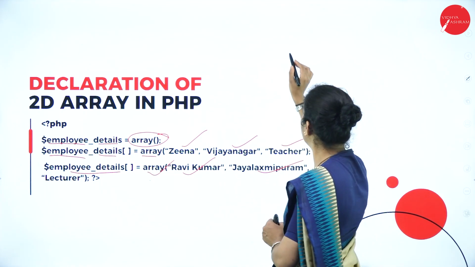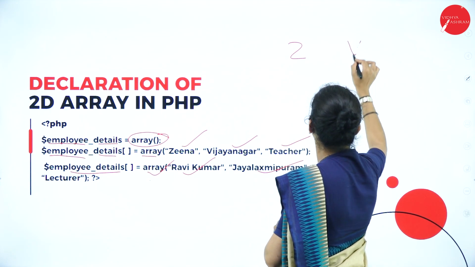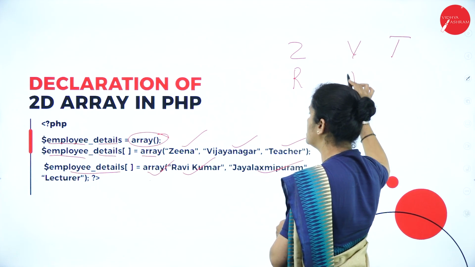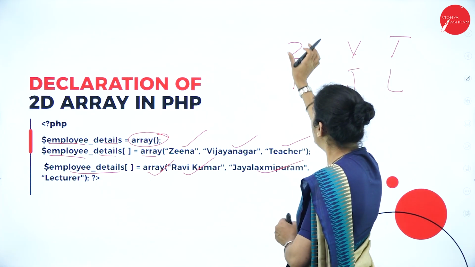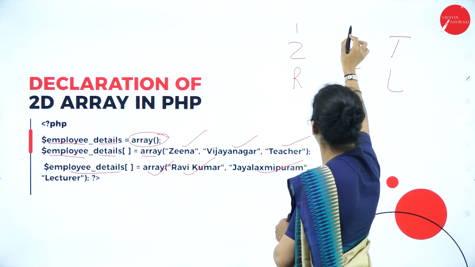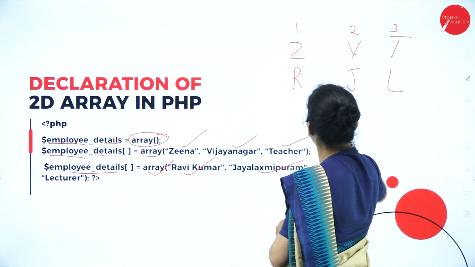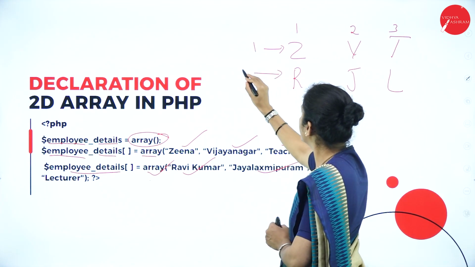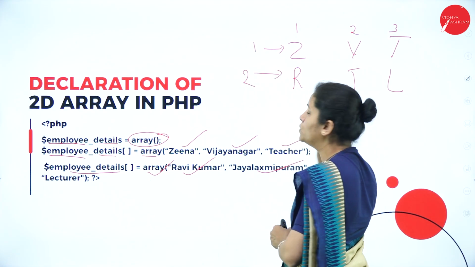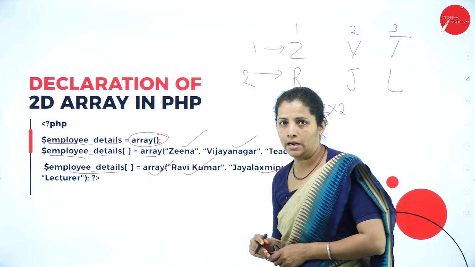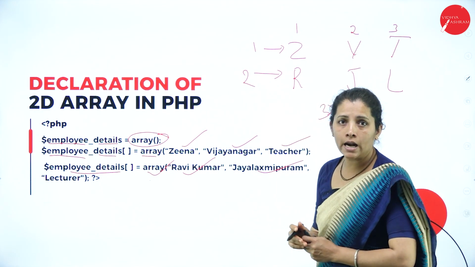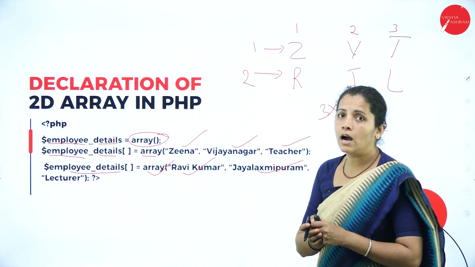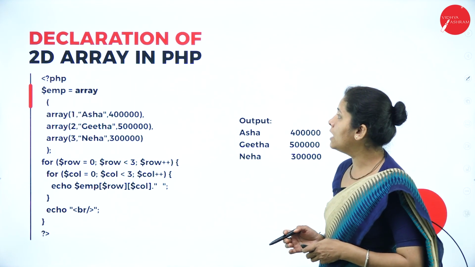So how do you get the output? The output you can expect here is how many columns? 1, 2 and 3. 3 columns. How many rows? First row, second row. 3 cross 2 matrix. If arrays are represented in the form of a matrix, then it falls under multi-dimensional array.